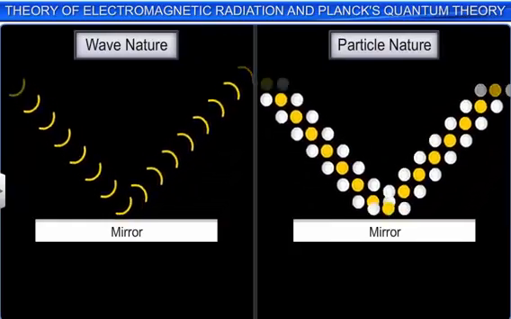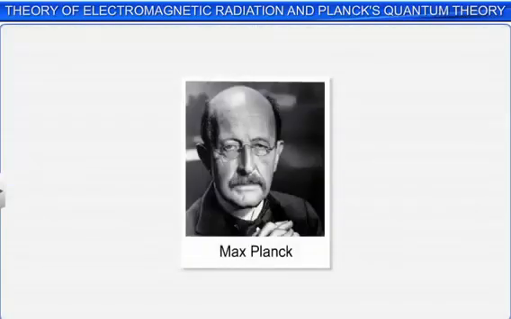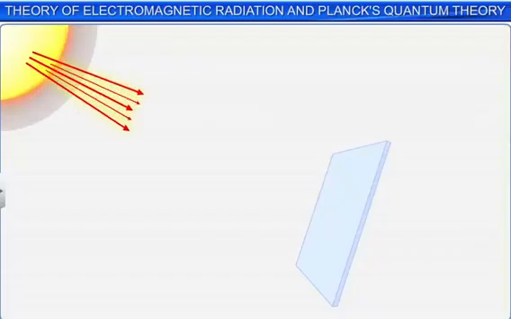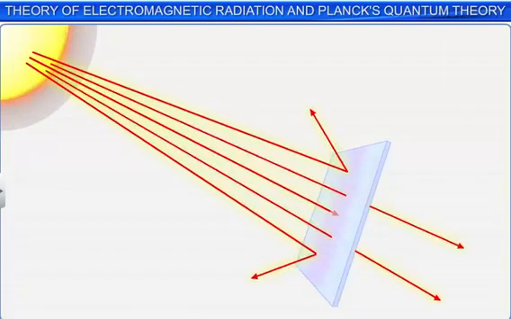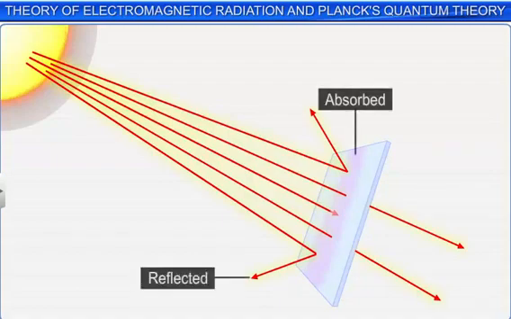First, let us understand the phenomenon of black body radiation, which was given by Max Planck in 1900. In general, when radiation strikes any surface of the body, part of it is reflected, part of it is absorbed, and part of it is transmitted.